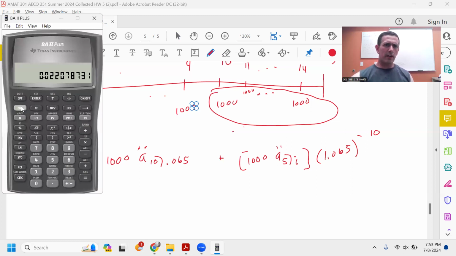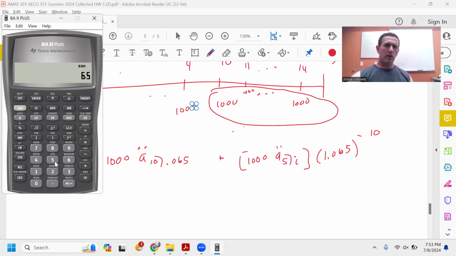So the first thing I would do is clear TVM. Let's go to begin mode. I'm in begin mode, I cleared TVM, and I can just plop everything in. 1,000 payment, 10, and it does not matter what order I put things in.